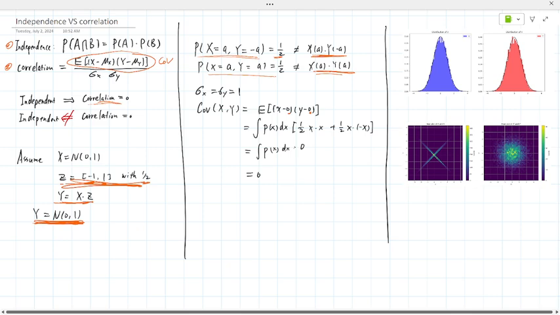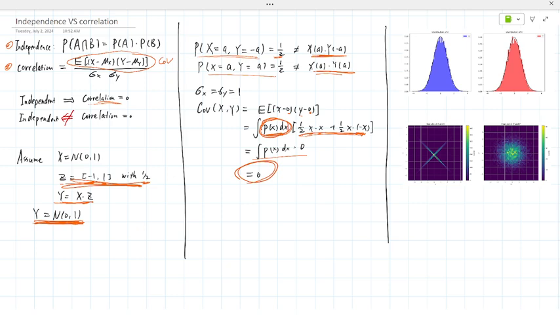And for the probability, x equal to x, there's a half chance y equals x, and a half chance y equals -x. Those add together to equal 0. Then we end up getting a 0 covariance and thus 0 correlation.